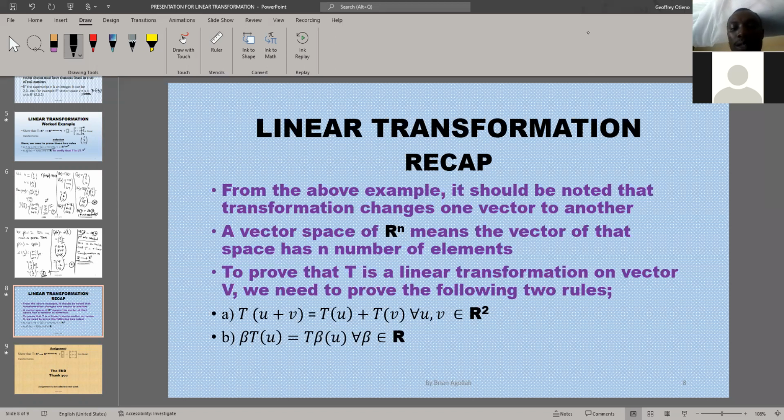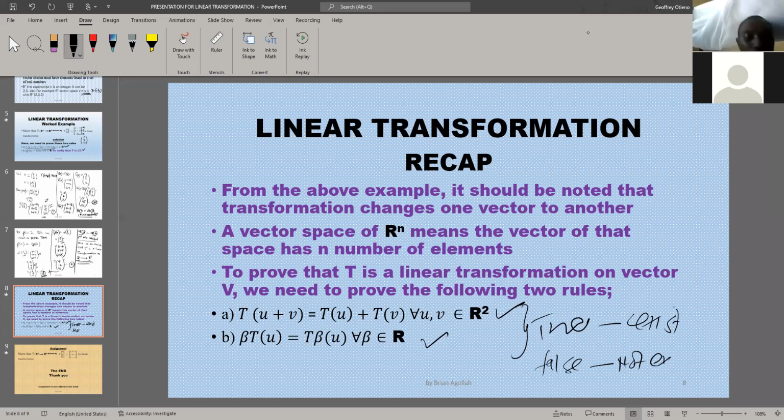To prove that a transformation T is a linear transformation on a vector space V, we need to prove these two rules. When these two rules turn out to be true, then T is a linear transformation. If one of the rules is not met or turns out to be false, then it is not. So take note of this.